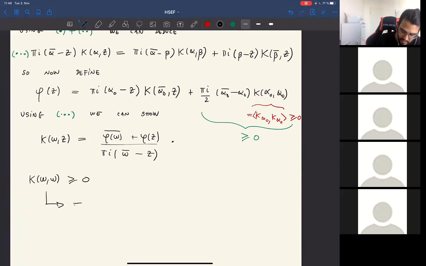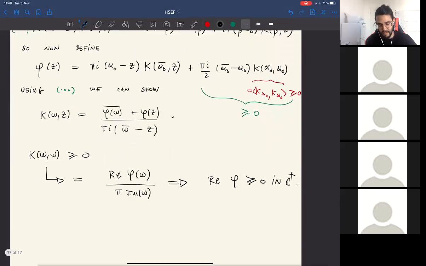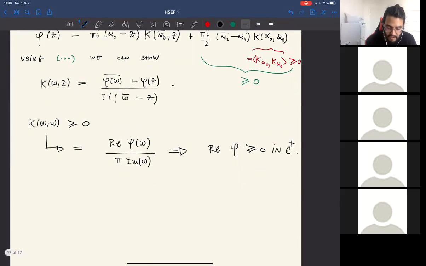But this now equals, by the formula, the real part of f of w divided by pi times the imaginary part of w. So you know that the real part of f is greater or equal than 0 in the upper half plane. Great, awesome. Just got our function.